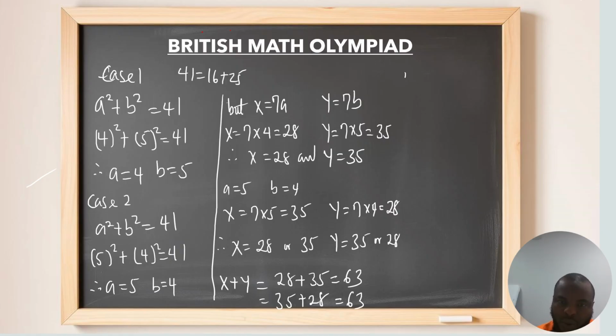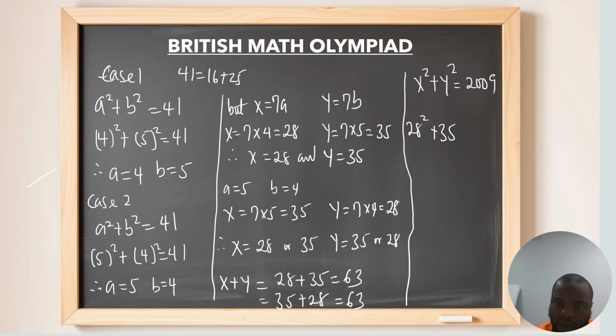And if you go back to the question, maybe you want to confirm, we have that x squared plus y squared equals 2009. So if you plug in the values, 28 squared plus 35 squared, you can confirm that this is equivalent to 2009. So this is the end of the proof.